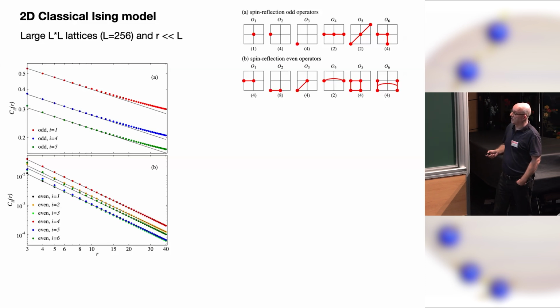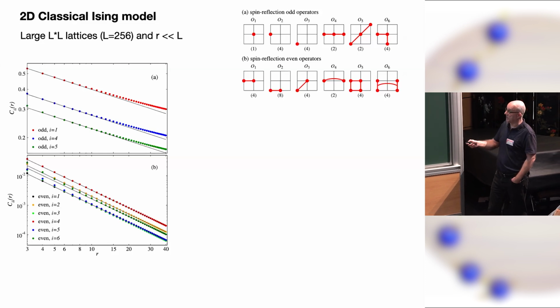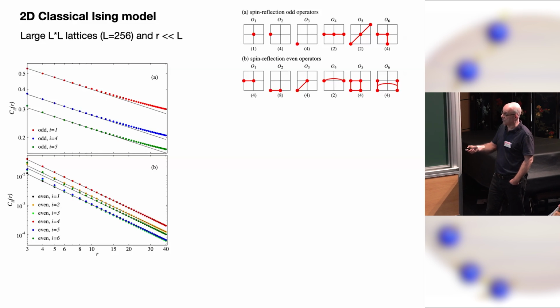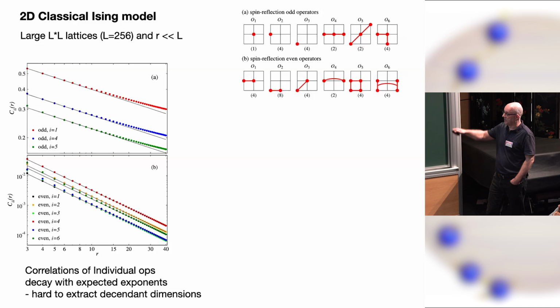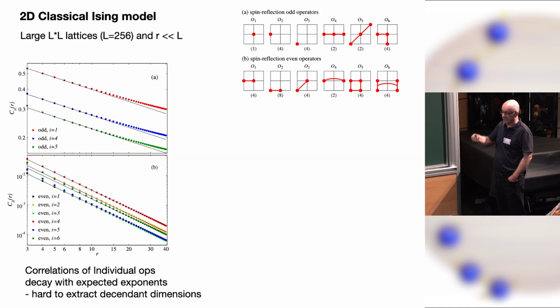So first to show here, now I take a large lattice, L equals 256, and I look at distances much less than L. And first I just show you the correlation of the individual operators, so no covariance, just looking at that one times itself or that one times itself and so on. And you see that eventually they all decay with the leading scaling dimension, that of the primary.